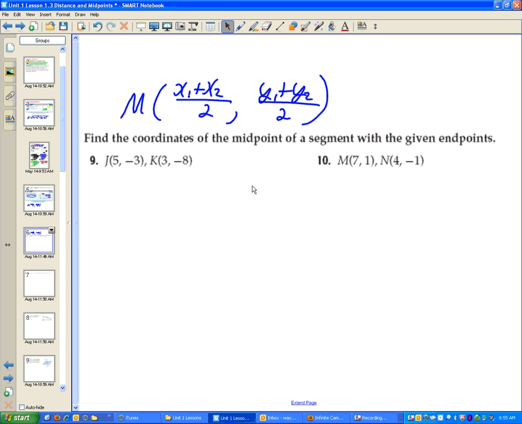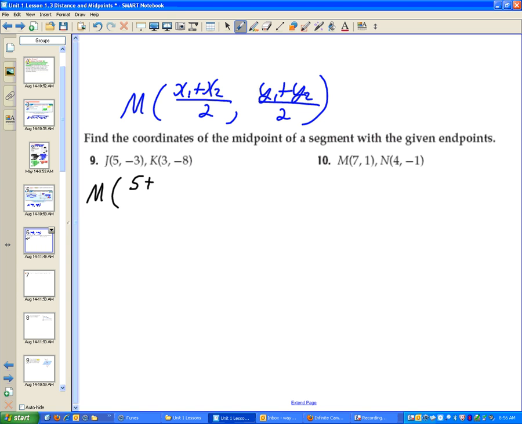All right, so there's our midpoint formula. The midpoint is going to be x1, the x-coordinate of the first point. What's the x-coordinate of the first point? 5 plus x2.